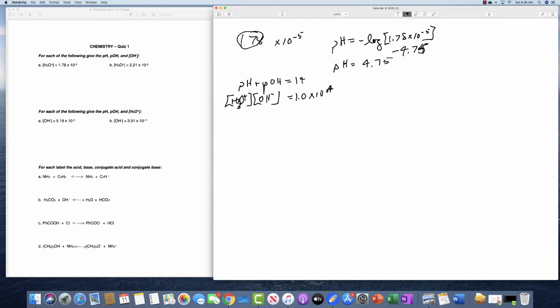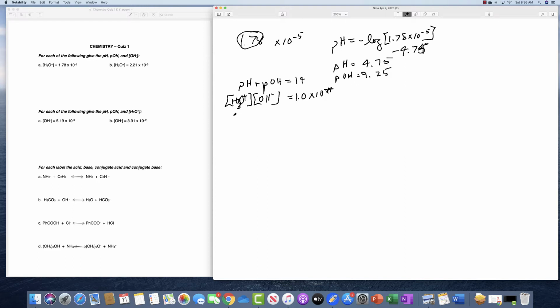So if you remember that, then you can just subtract this number from 14 and you'll get the pOH is 9.25.